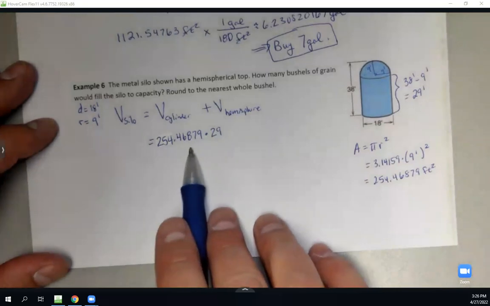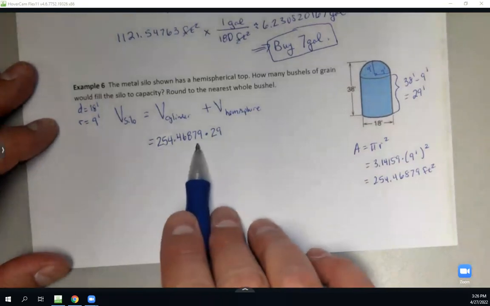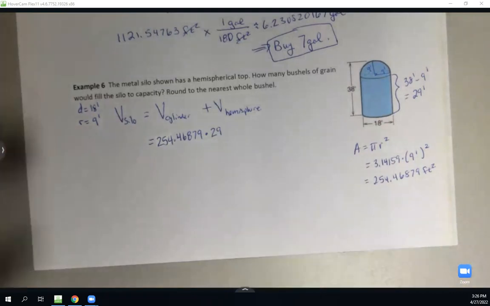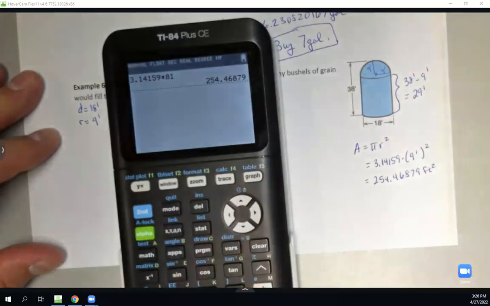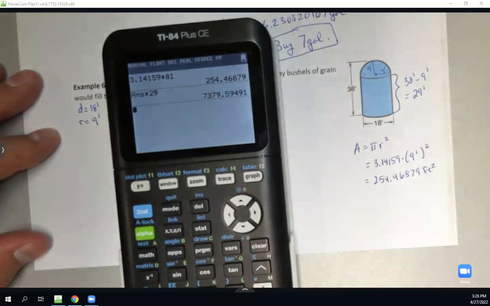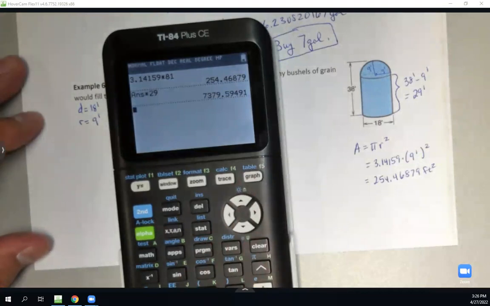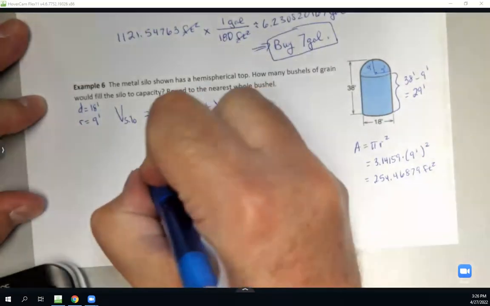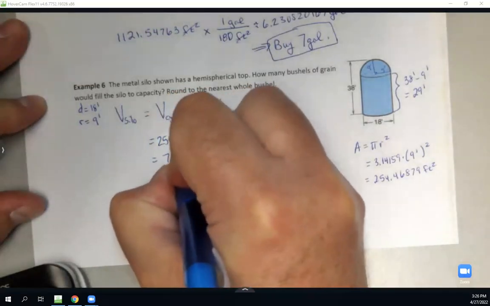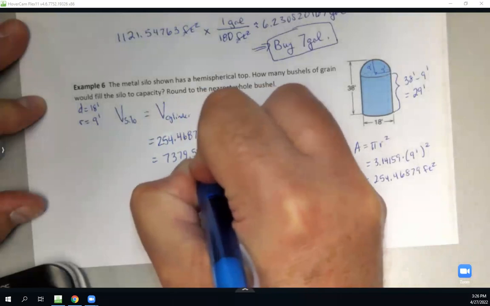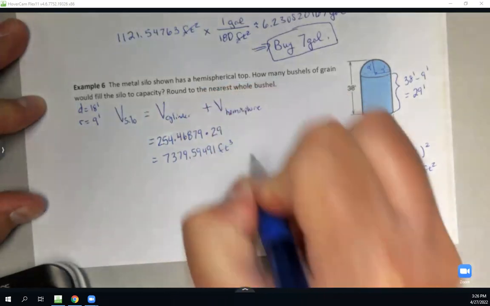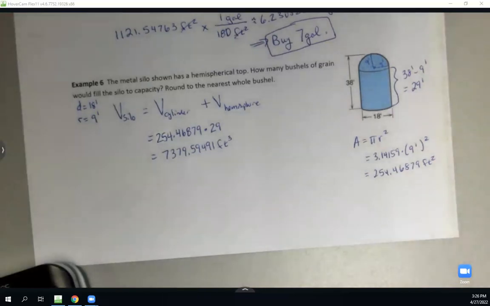I didn't write down the units like I normally do. It's that many square feet times 29 feet, so it's going to be cubic feet. Okay, so taking that times 29 is 7,379.59491. And again, that would be cubic feet. That's the volume of the cylinder part.